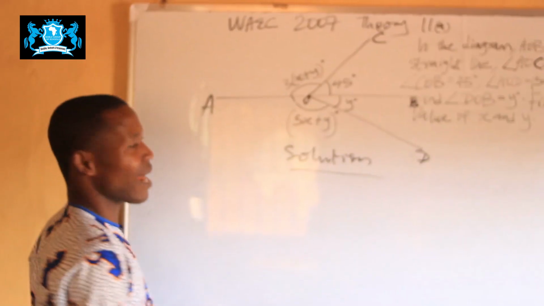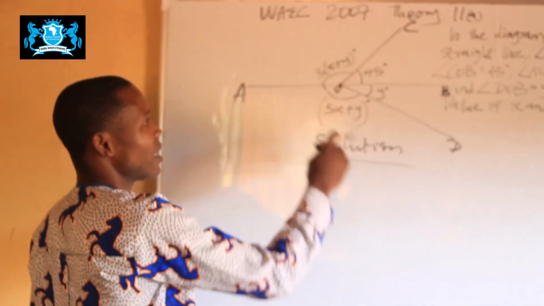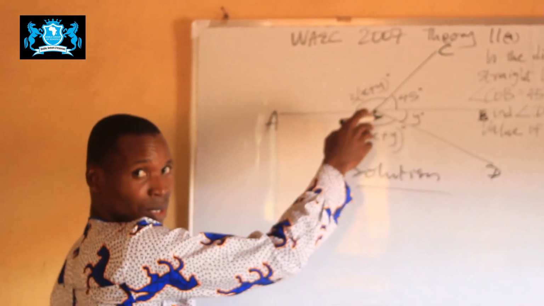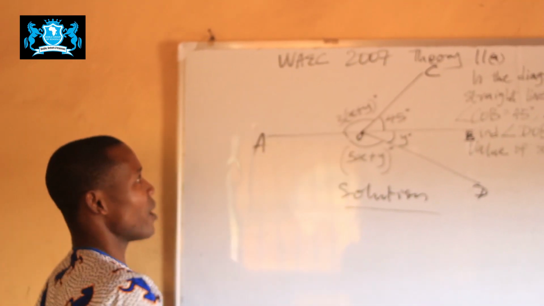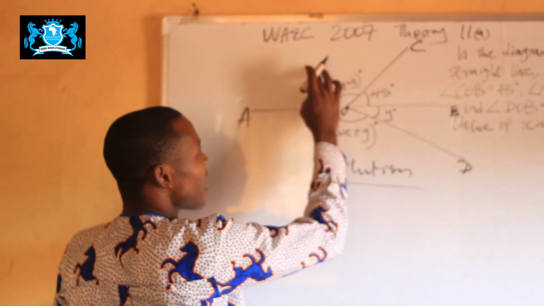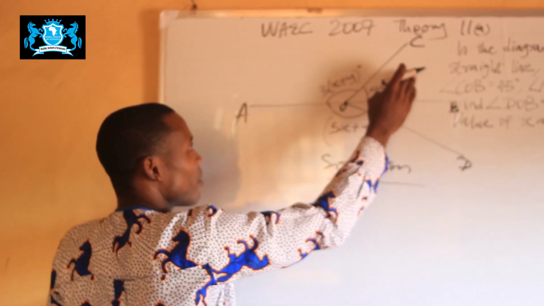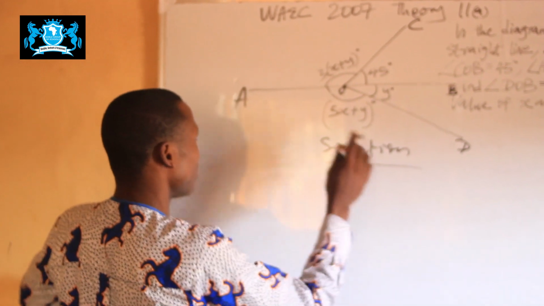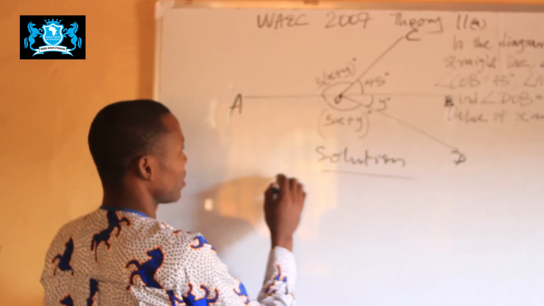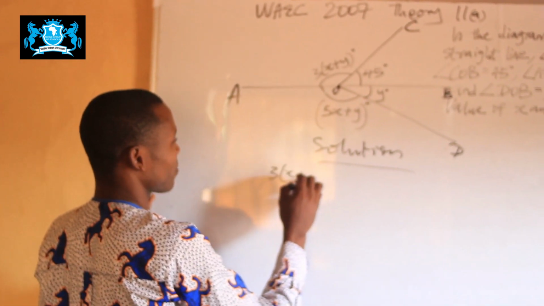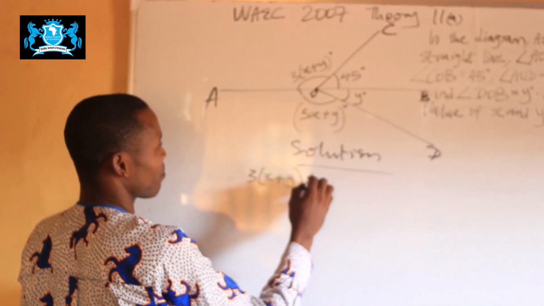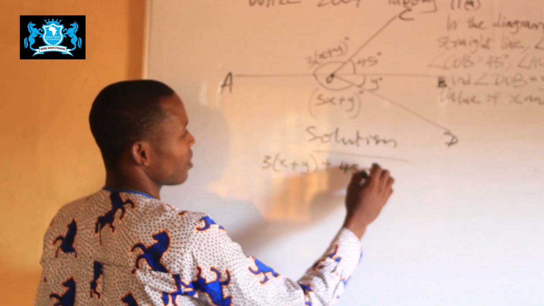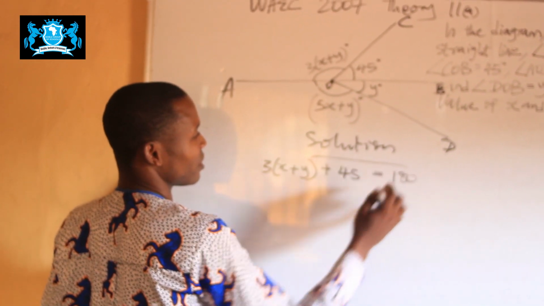The first thing we must realize is that we are dealing with angles on a straight line. Angles at a point on a circle add up to 360. But here, the upper part, here plus here, will give us 180 degrees. So it means we have 3x plus y plus 45 degrees equals 180 degrees.